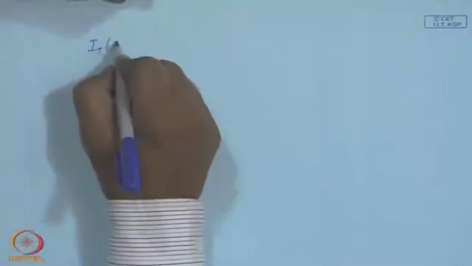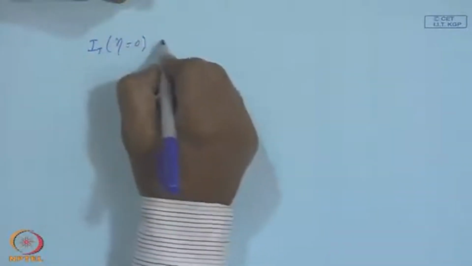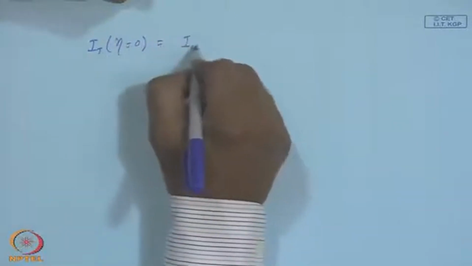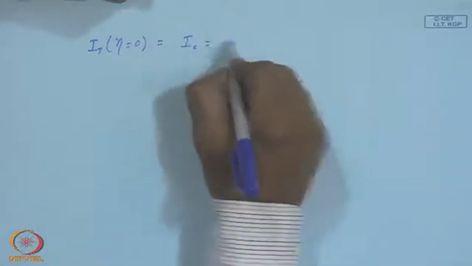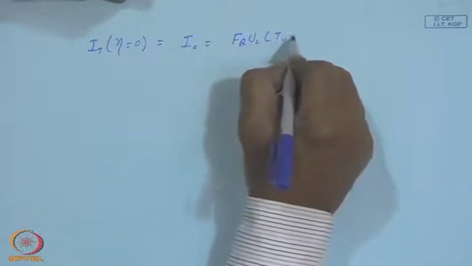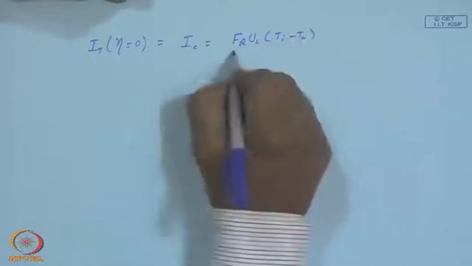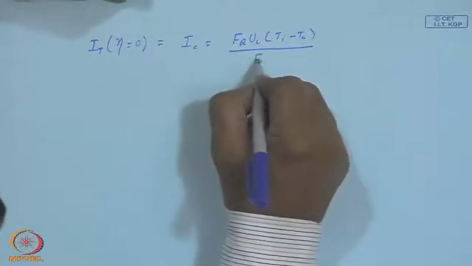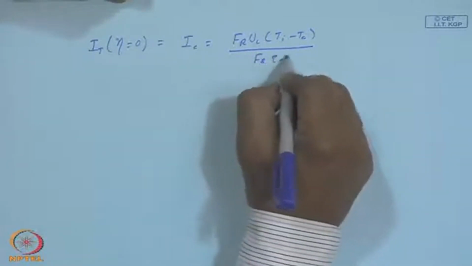This leads to an I_T for eta equal to 0, which I will call I_c, equal to F_R U_L times (T_i minus T_a) by F_R tau alpha.